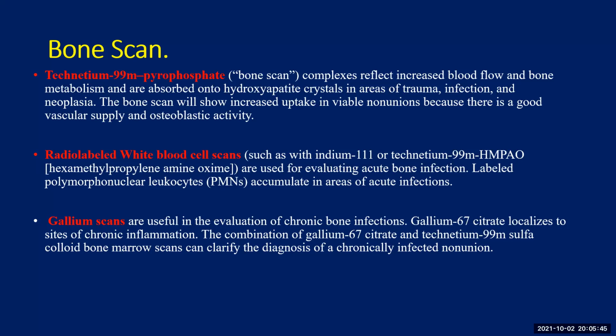Radio-labeled white blood cells, that is indium-111 or technetium-99 hexamethylpropylene amine oxime (HMPAO), are used for evaluating acute bone infections, and gallium scan is for chronic bone infection. Gallium-67 citrate localizes the site of chronic inflammation. So if a question comes on bone scan, this much written would be sufficient for getting good marks.